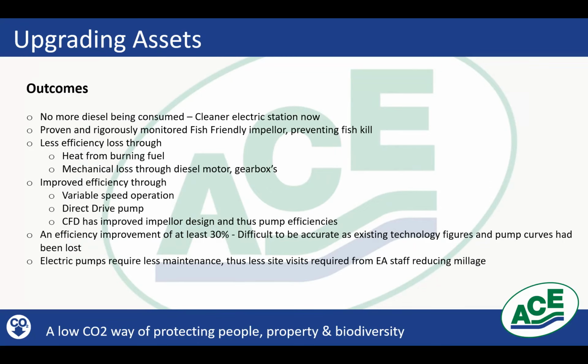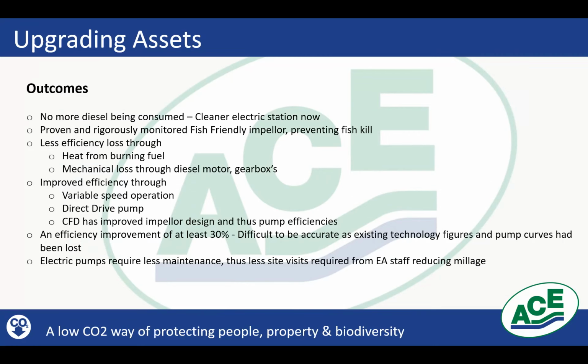As I explained, the variable speed drive, huge benefits on there. Now, also using new technology, we did a lot of work with CFD, that's computational fluid dynamics, to make sure the flow was presented to the pump in a way that was going to allow it to run through the system as efficiently as possible. We can do that now, which back when Appledore was built wasn't possible because they didn't even have computers.